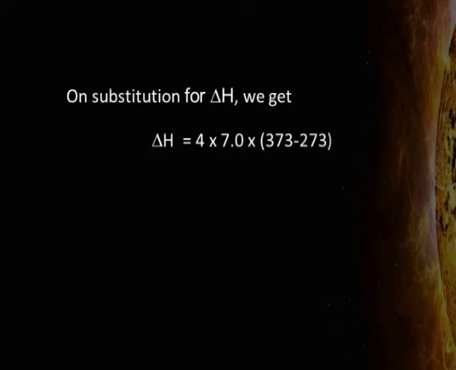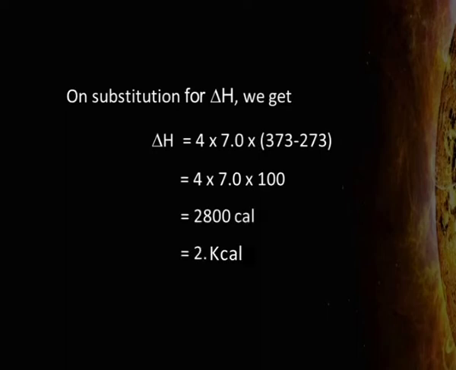On substituting the values in the expression for delta H, we will get delta H equal to 4 into 7 into 373 minus 273, which is equal to 4 into 7 into 100, equal to 2800 calories or 2.8 kilocalories. There is another example to practice the relationship between delta H and delta E.